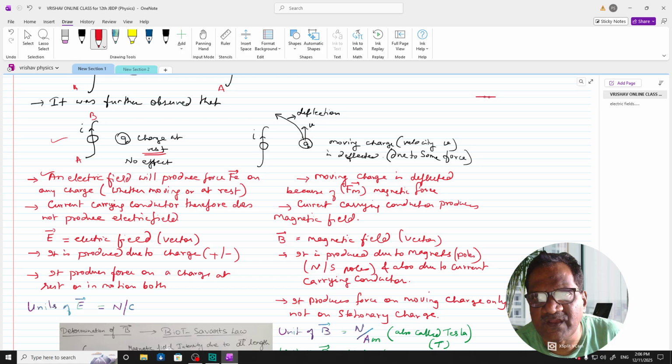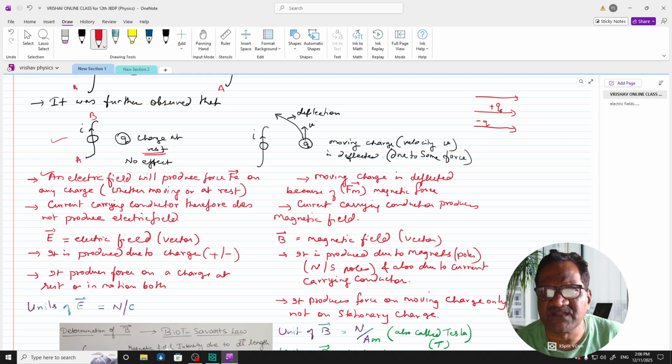Suppose you have a uniform electric field like this, and you place some charge q, either a positive charge or a negative charge. Whether this charge is at rest or it is moving, this charge is being affected by this electric field. This electric field can be represented by capital E.